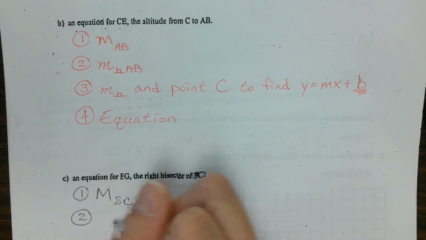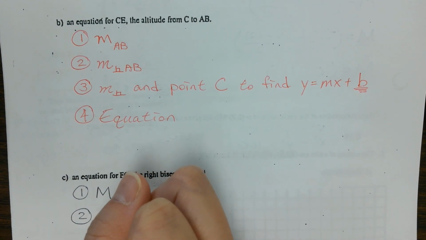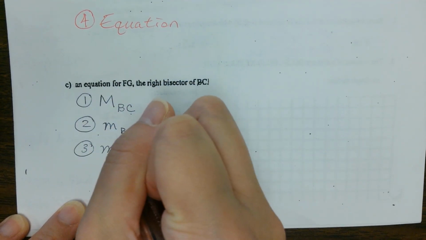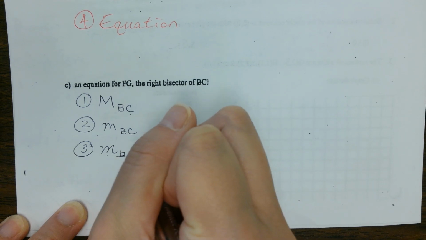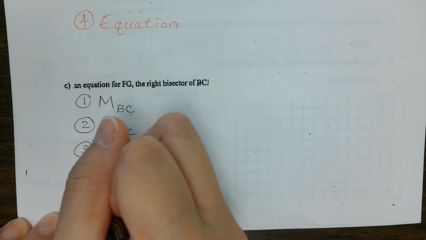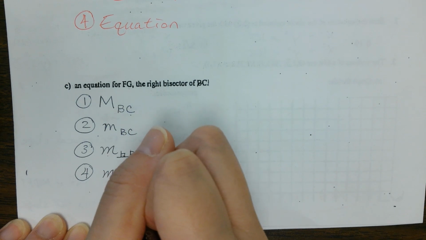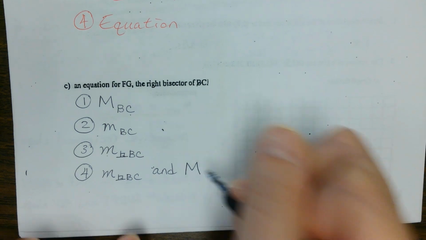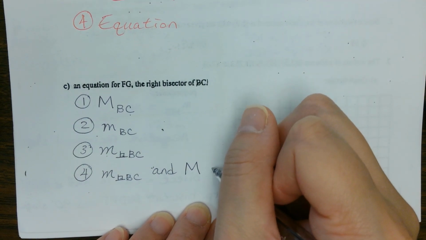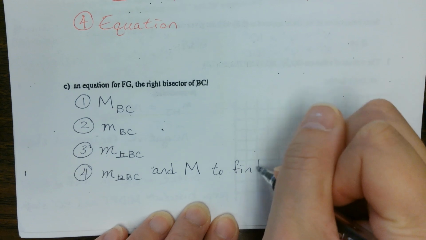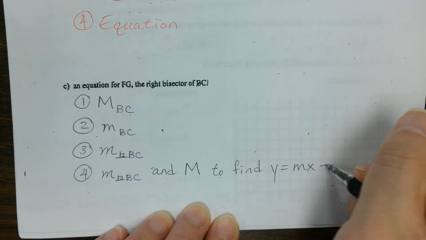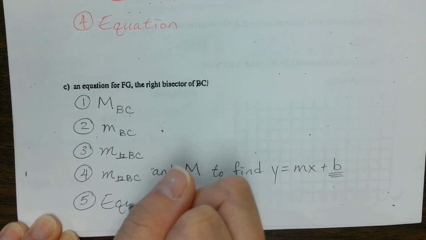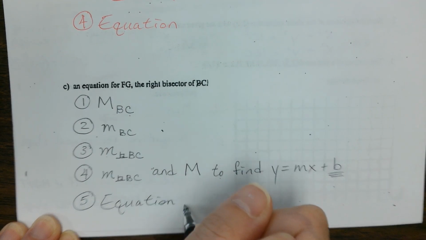Second step, find the slope of BC. Third step, find the perpendicular slope of BC. Then using the perpendicular slope and the midpoint, find b in y equals mx plus b. And then you will get your equation using the m and the b.